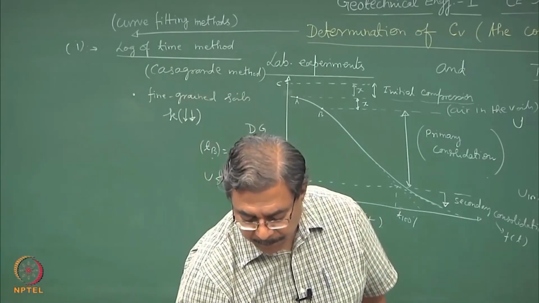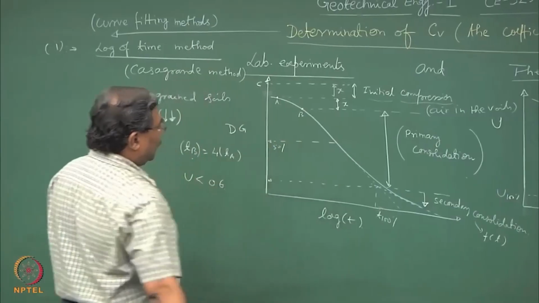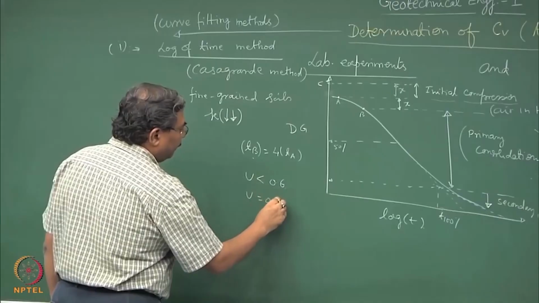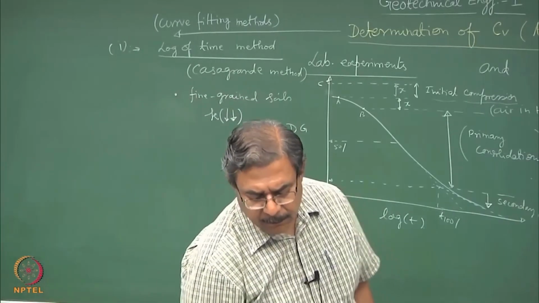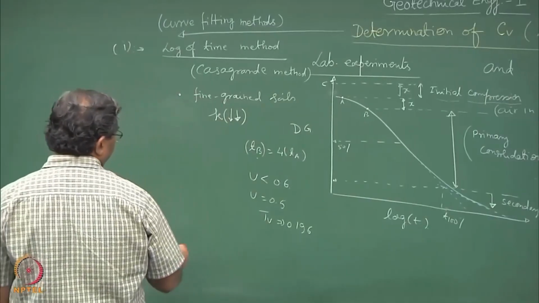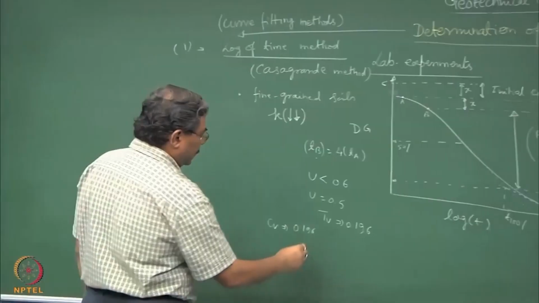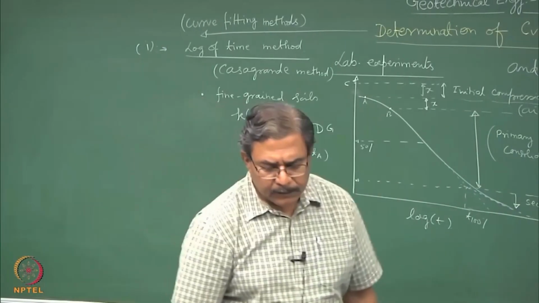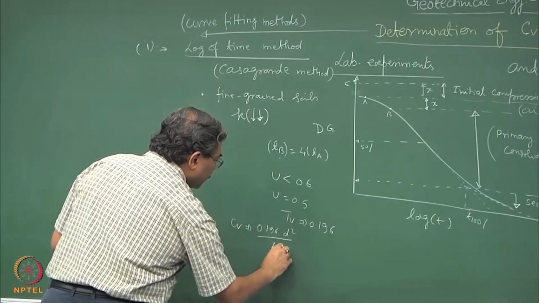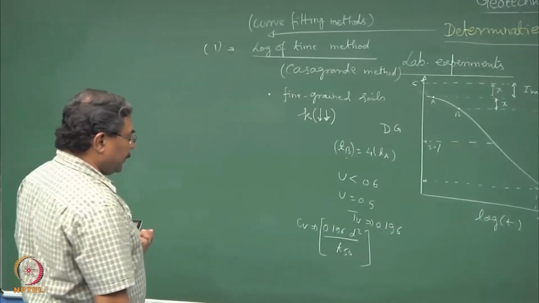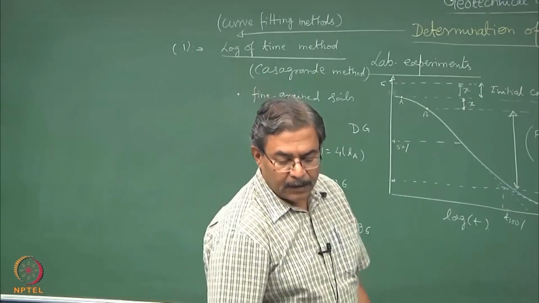So, if I want to find out, let us say for 50% consolidation, I can use this function that for u equal to 0.5, the TV is equal to 0.196, and hence CV will be equal to 0.196 d square upon T50, where D is the drainage path and T50 is the time required for 50% consolidation to occur.